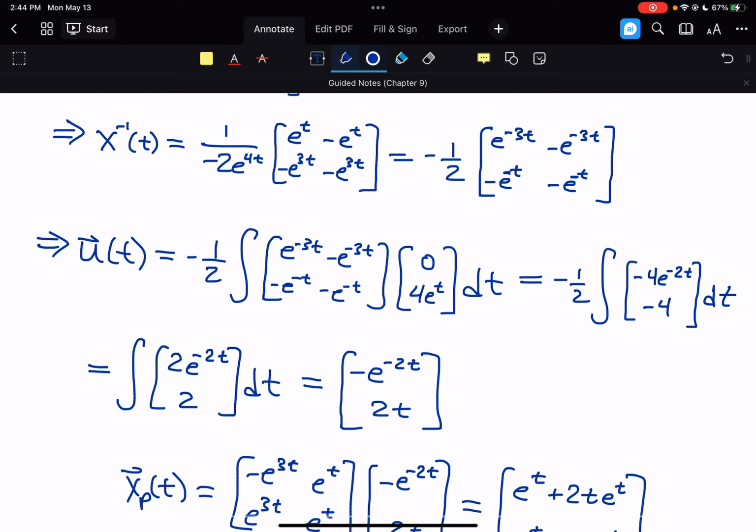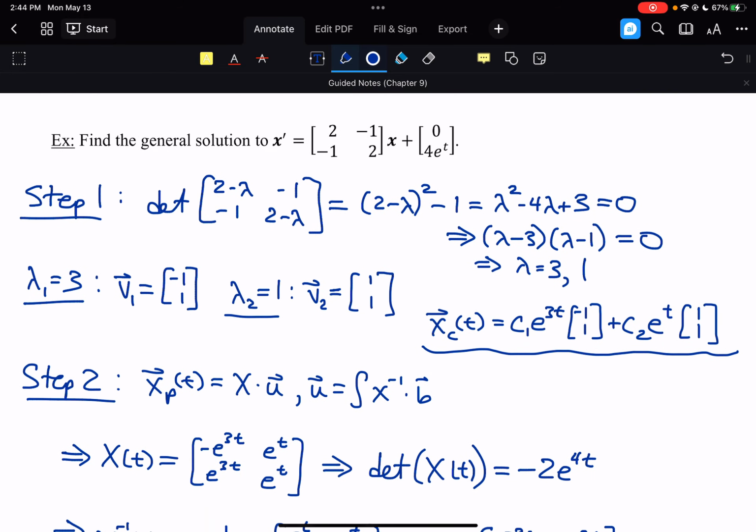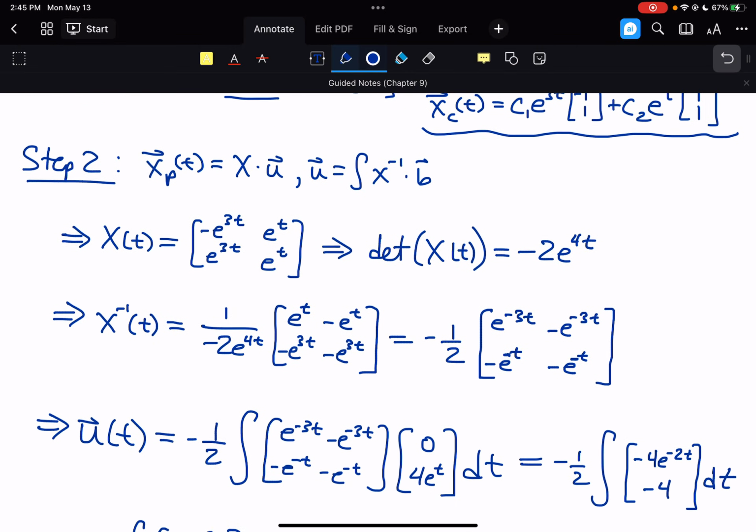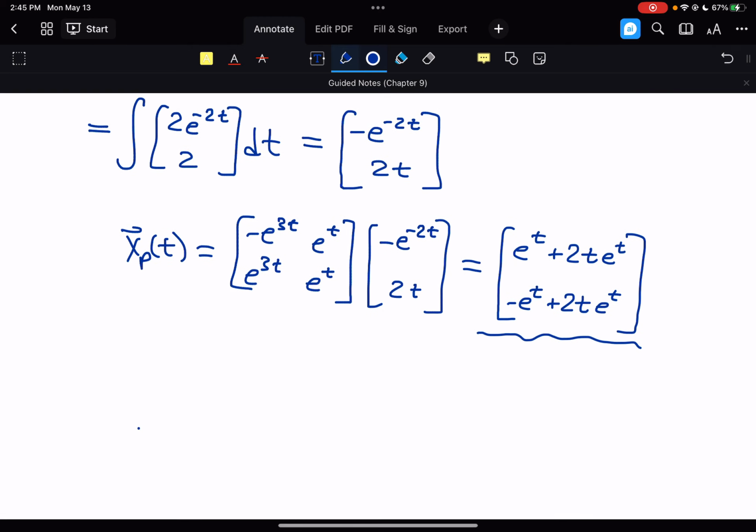So our final general solution is going to consist of the complementary solution. That was the solution to the corresponding homogeneous piece. And now we find one particular solution for the non-homogeneous piece, and that's this one. So now we just combine together.